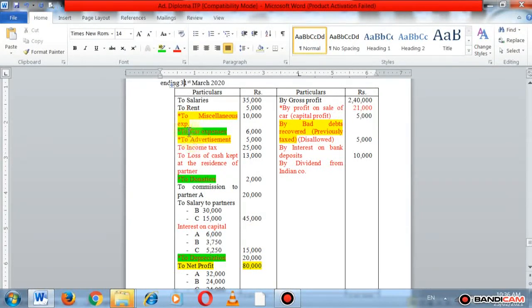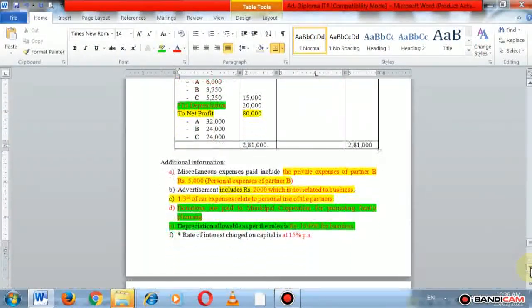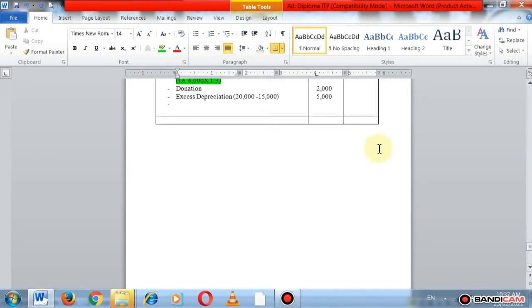So miscellaneous expenditure is taken into consideration, car expenditure is taken into consideration, advertisement is taken into consideration, then income tax. Income tax is disallowed. So income tax is added to net profit. Here income tax is amounted to rupees 25,000.